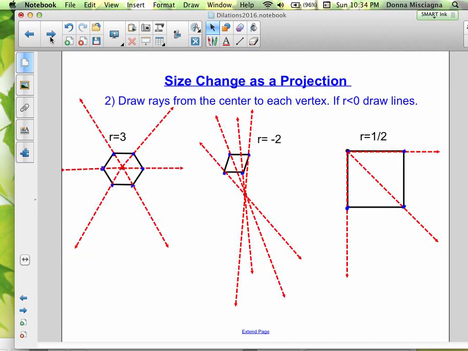So to show size change as a projection, if you wanted to do a dilation off the coordinate plane, and you can also use this handy little hint when you're on the coordinate plane, you're just going to start from the center and draw rays from the center to each vertex. Okay? And your pre-image and your image are going to be on those rays.